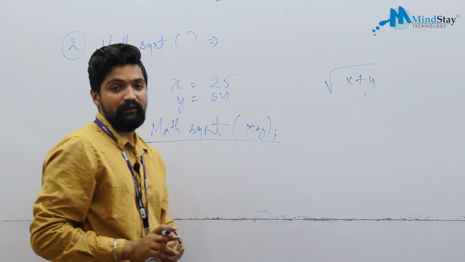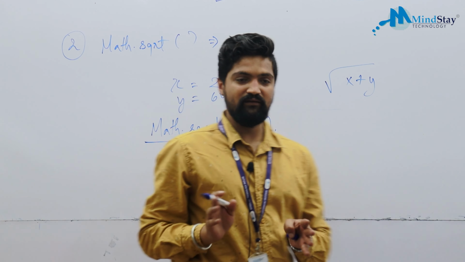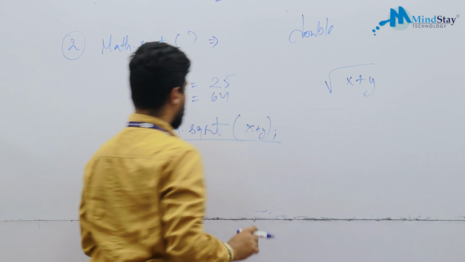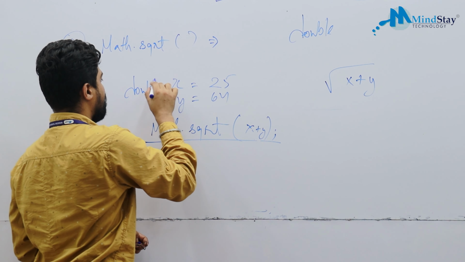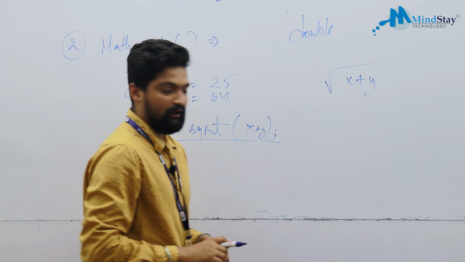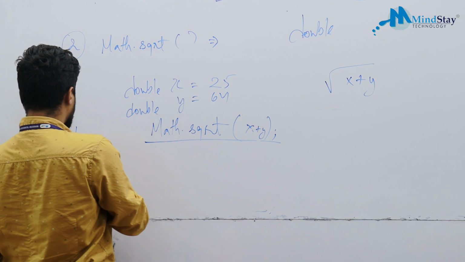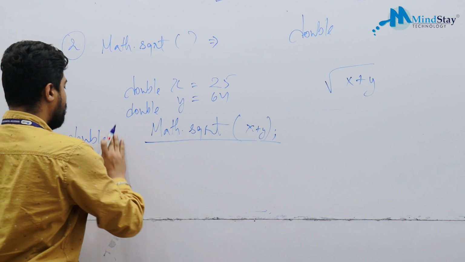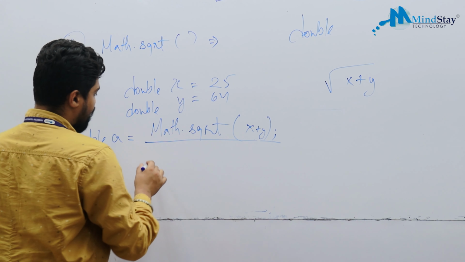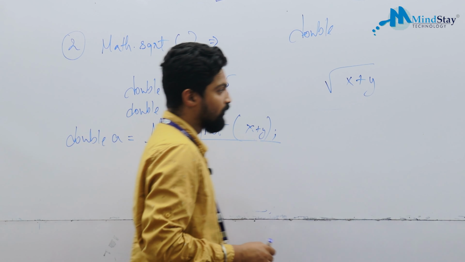Again in math.sqrt, always remember it also returns in the form of double. So take your variables as double, and wherever you are storing it should also be in the format of double. Let's say double A, and all you can do is print A.